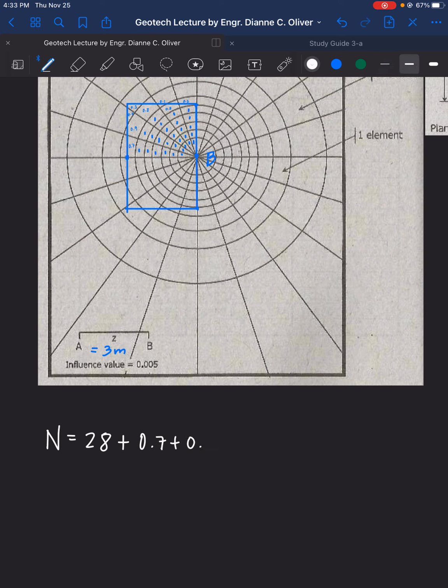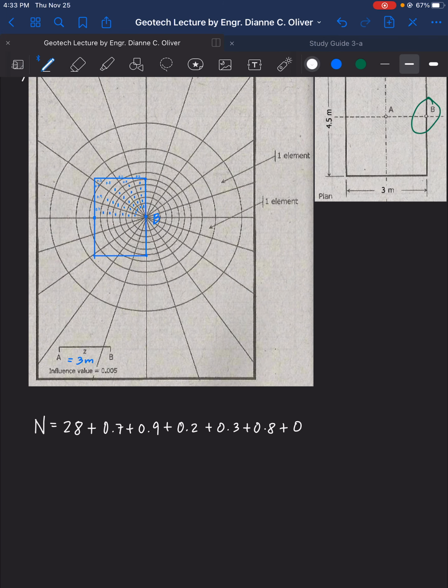0.7, 0.9, let's add them up. This is 0.2, 0.3, 0.8 plus 0.1, 0.2.